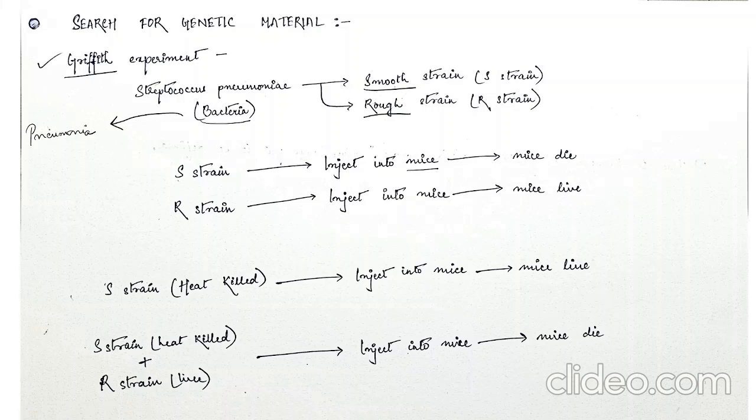Now, we will see the differences between the rough form and the smooth form. The smooth form was given this name because of its structure. Its surface was smooth, giving a smooth, uniform appearance.